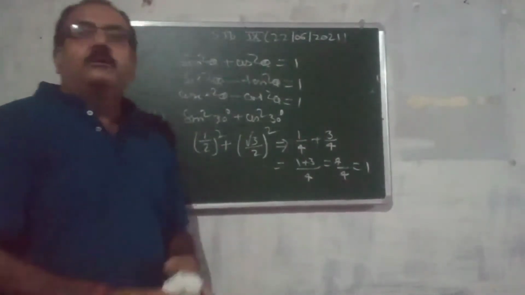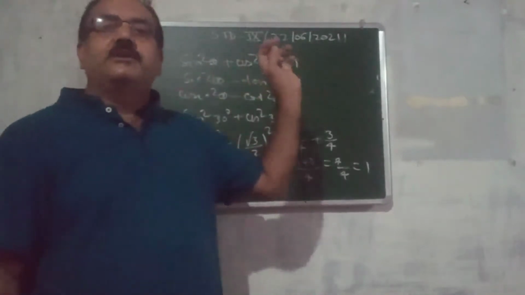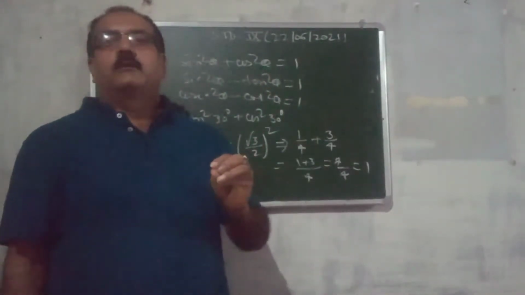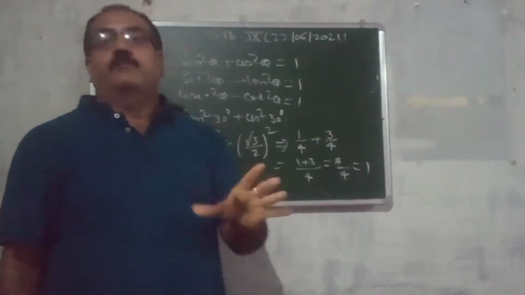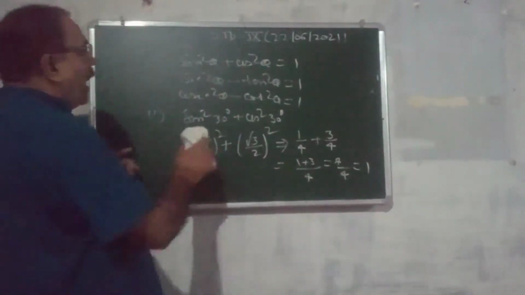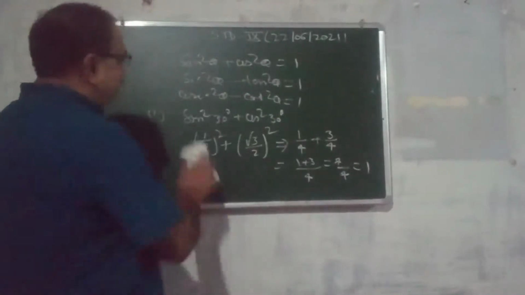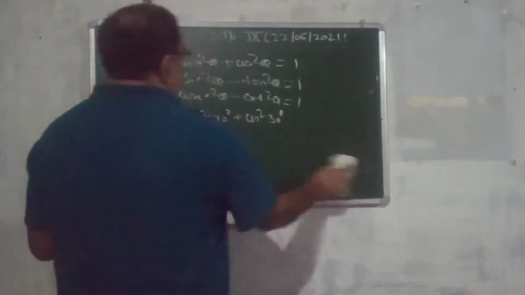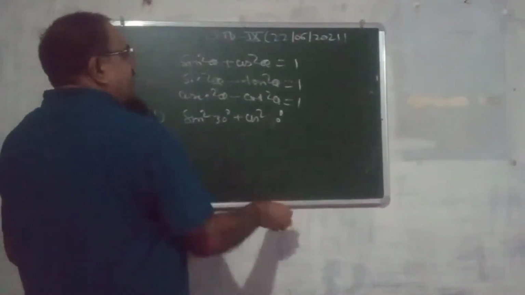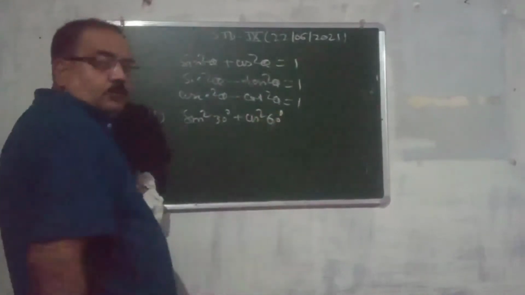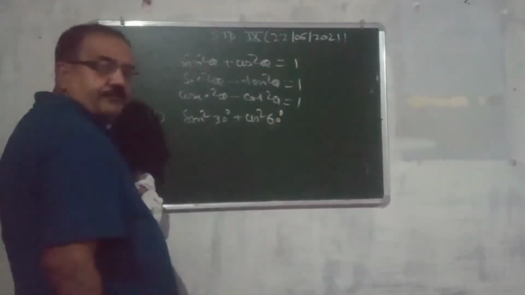So that's why I said sin square theta plus cos square theta will be equal to 1 when the angle is the same. Now I am taking a different angle. Let's see whether it is coming equal to 1 or not. Sin 30 with cos 60 degree. The angle is different.